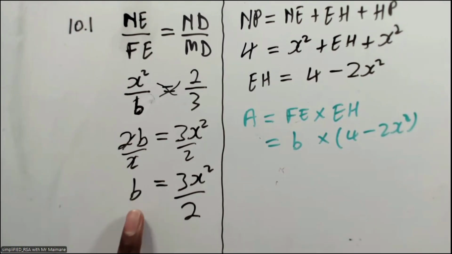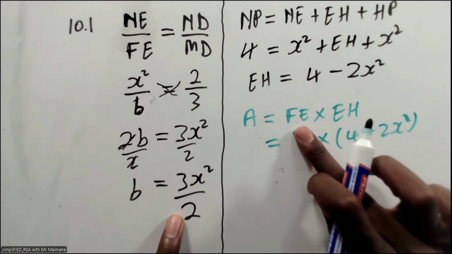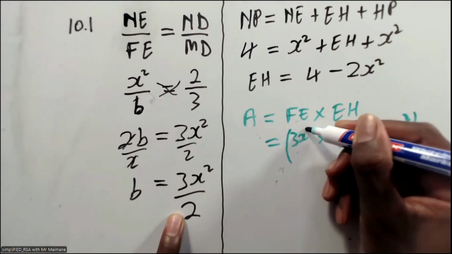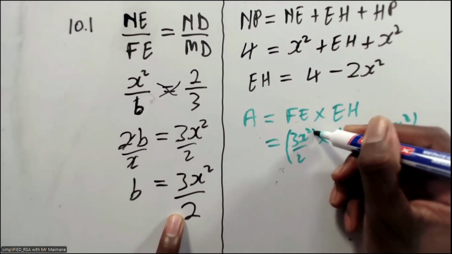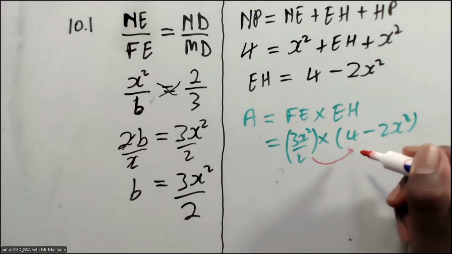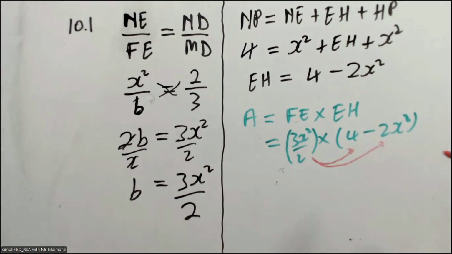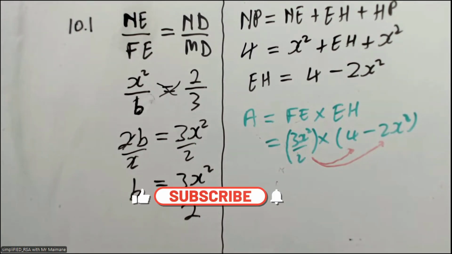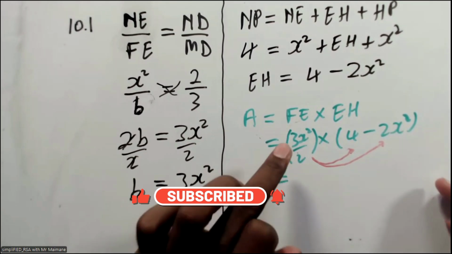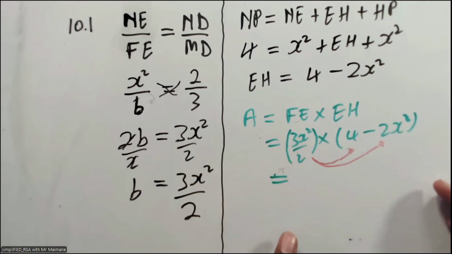But I know B is the same as 3x squared over 2, so I remove this and write it as 3x squared over 2. Here I can FOIL this by multiplying the terms to show that the expression is going to be the same. Therefore, this is going to be 3x squared over 2 times 4.